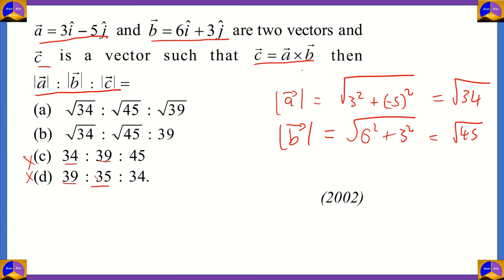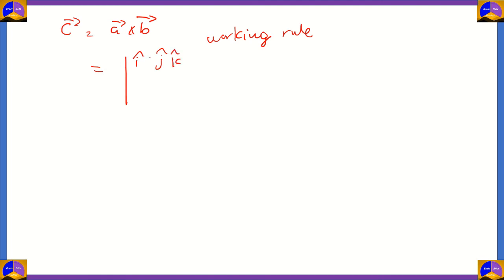So the cross product is now what we're going to do. In order to find the cross product of two vectors, you're going to use the working rule. The working rule for cross product of two vectors states that the equation of the cross product is equal to the determinant I cap, J cap, K cap, A1, B1, C1, A2, B2, C2.